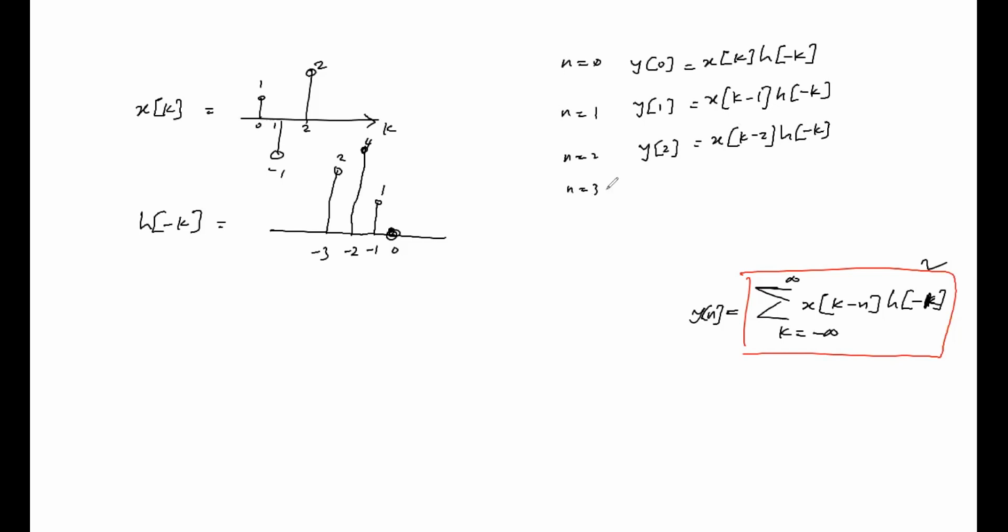Then n equal to 3 to be y of 3, which is equal to s of k minus 3, h of minus k, all the way. Okay, so I'm going to do the first one, and then you look up the video to follow up on the details. So now, if we want to do the first one, so for n equal to 0, y of 0 is going to give us this expression here, 0.